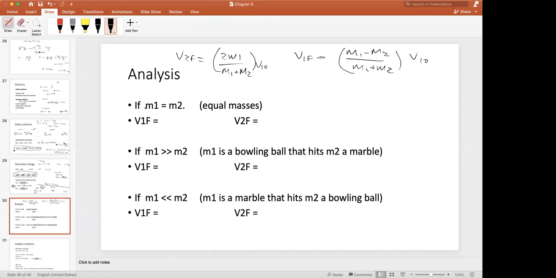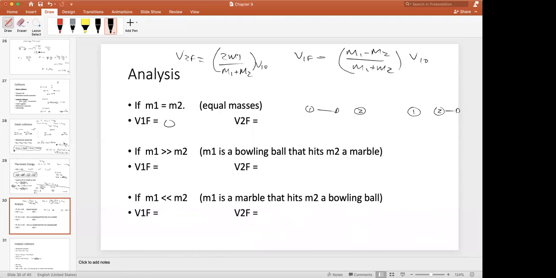If M1 equals M2, this becomes 0. And so M1 hits M2. M1 after the collision is at rest, and M2 is moving away at the same speed and with the same momentum that M1 initially had. That's what these are telling you.